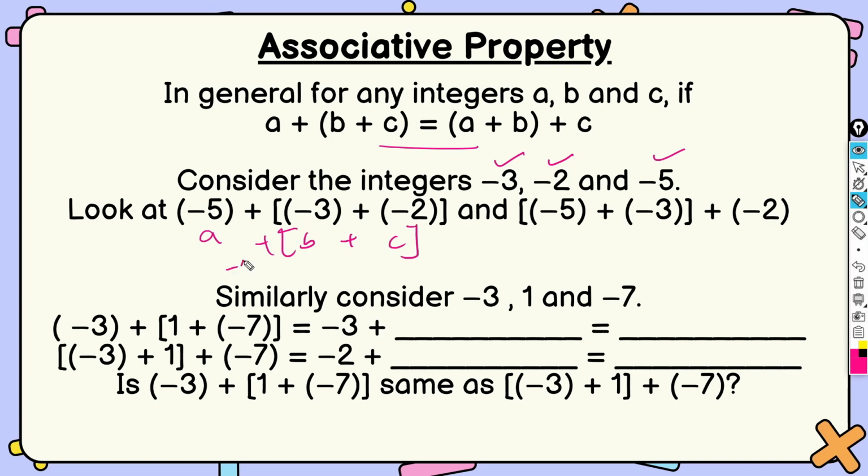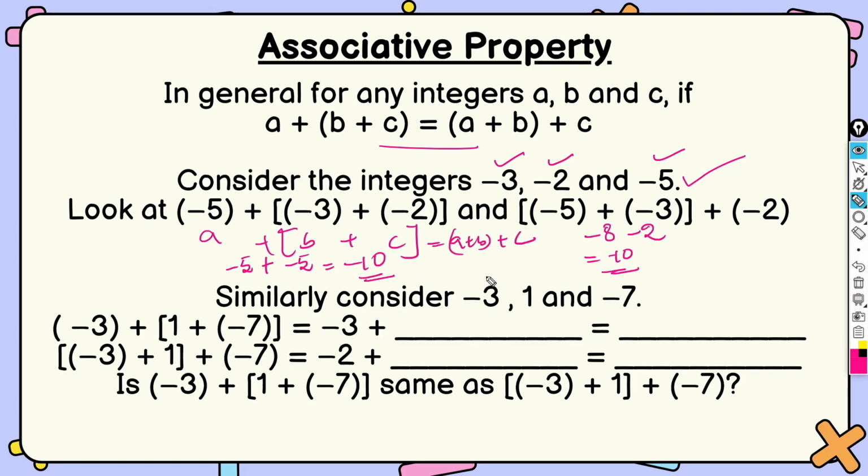This becomes minus 5 plus minus 3 plus minus 2: minus 3 plus minus 2 is minus 5, and minus 5 plus minus 5 is minus 10. Similarly, minus 5 plus minus 3 is minus 8, plus minus 2 is minus 10. So a plus b plus c is equal to a plus b plus c. So these integers follow associative property.